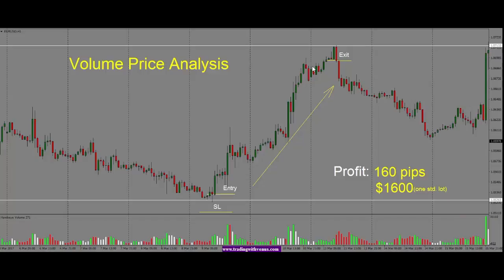Once the price starts to show signs of weakness here and we come into important support and resistance area, as well as we can see the volume has changed color here, that's the place to exit. From entry to exit here, we have 160 pips in the trade, or $1,600 when trading one standard lot.